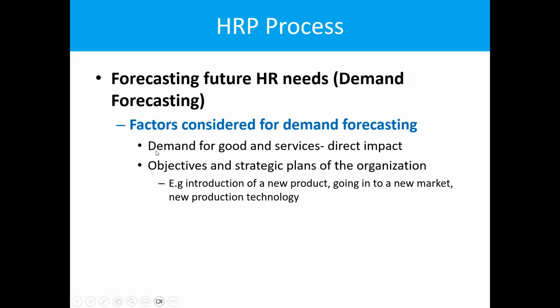Derived demand is in the sense of the goods and services demand, right? For example, let's say we are producing garments. Now we have received many orders from buyers from, let's say, Western countries. In that case, we can't meet those demands without having a sufficient number of people.